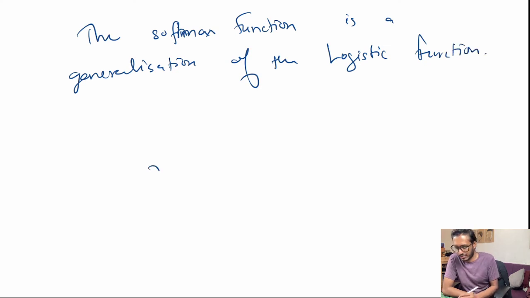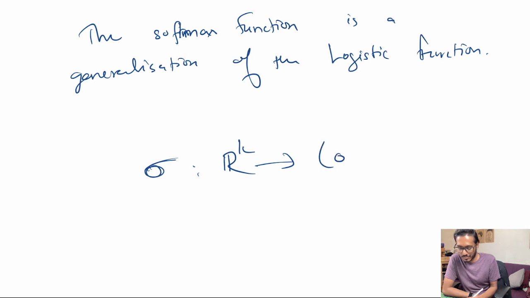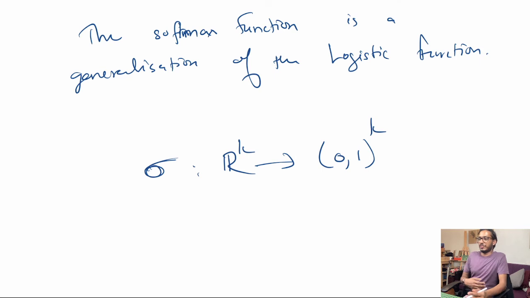If we are using this simple sigma for the softmax function, it converts a k-dimensional vector of real values into a k-dimensional vector between 0 and 1. So this is basically the logistic function in k dimensions. I think that's quite all right.